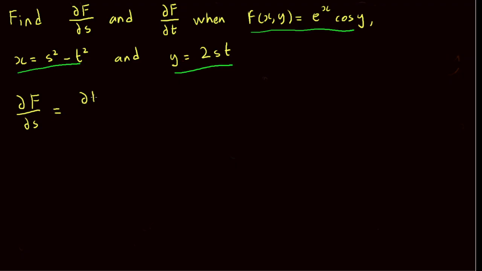It's just simply del f over del x times del x over del s plus del f over del y times del y over del s. Remember, you have two parts.